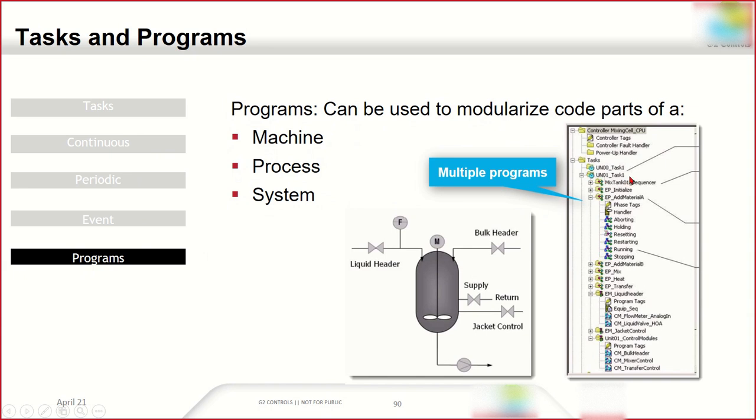Suppose you have task 1. Under task 1 you can add initialize, add materials, then different phases under that task. That means those programs are different, and under that you have your logic in the routines. You can organize as per your requirement.